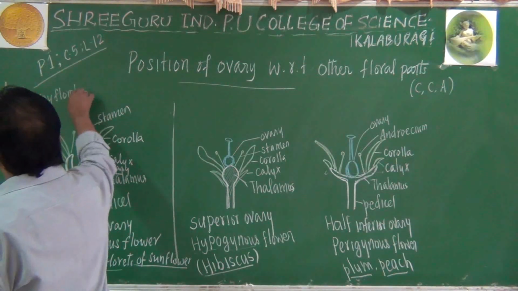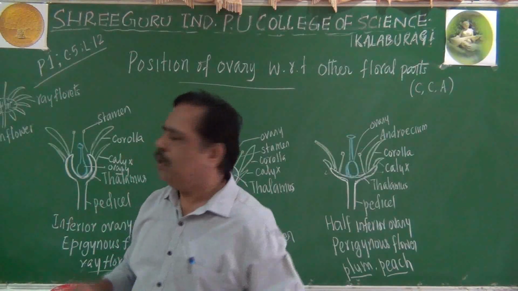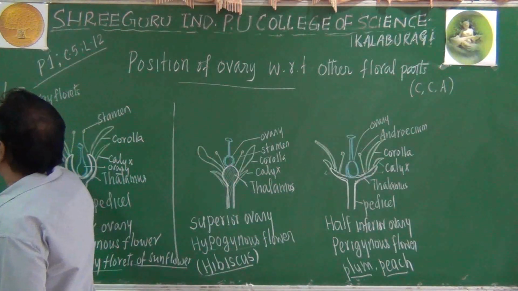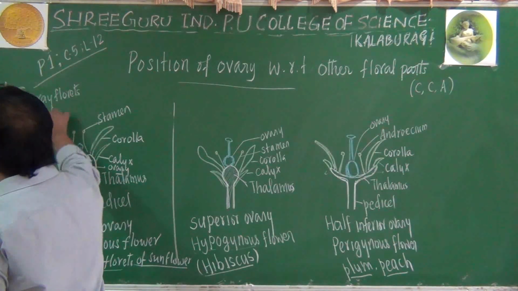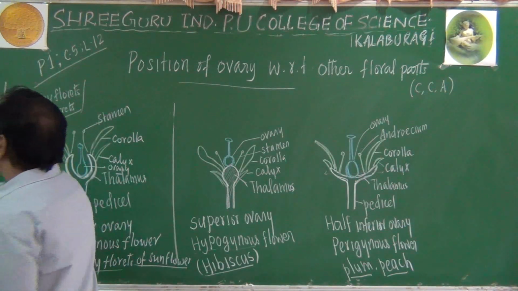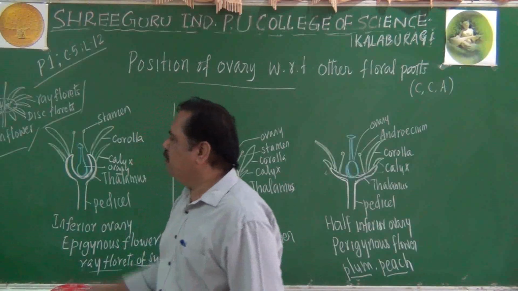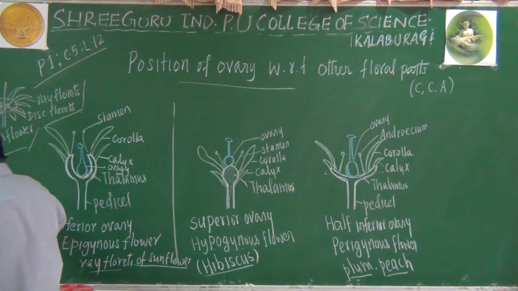As if the sun rays are passing in all directions, these are the ray florets. Centrally located black-colored tubular flowers are called disc florets. Remember, sunflower is an inflorescence.